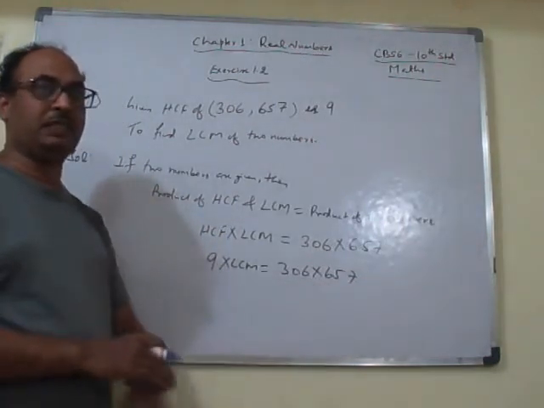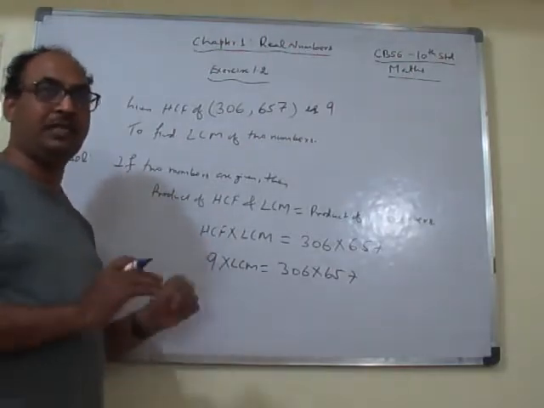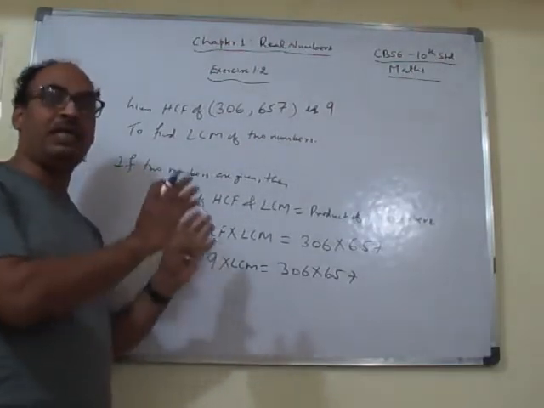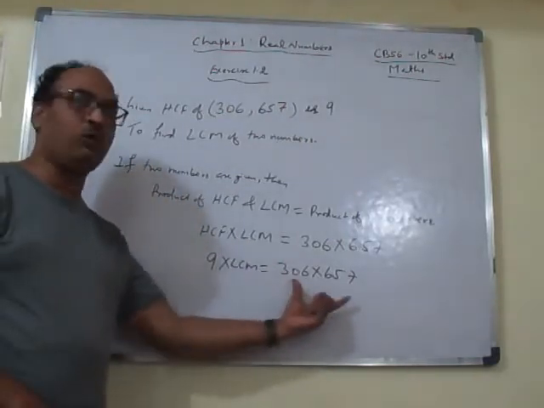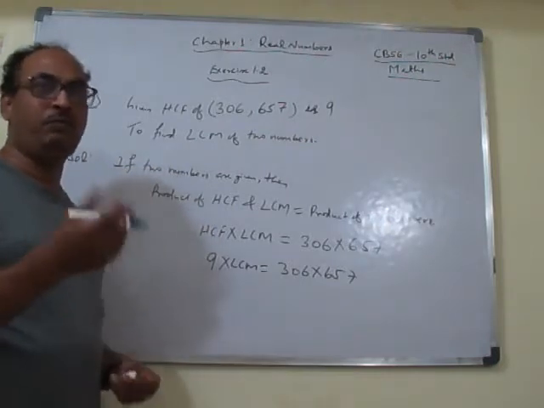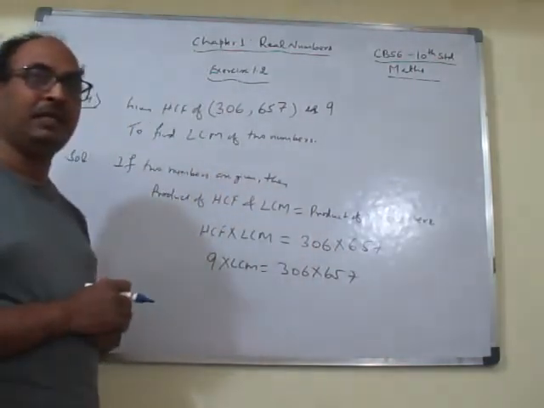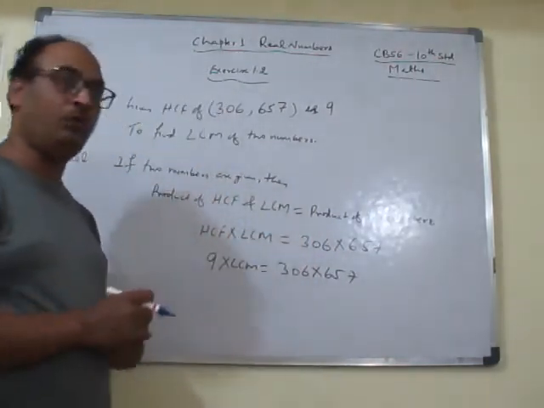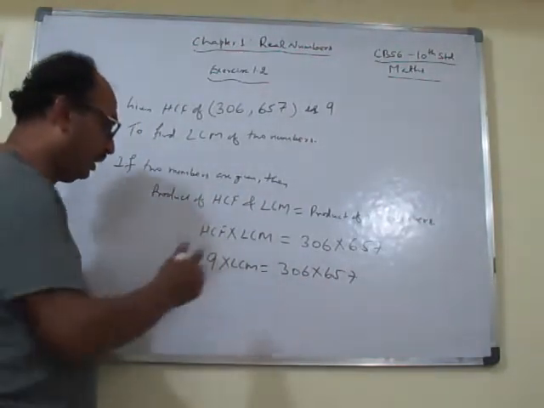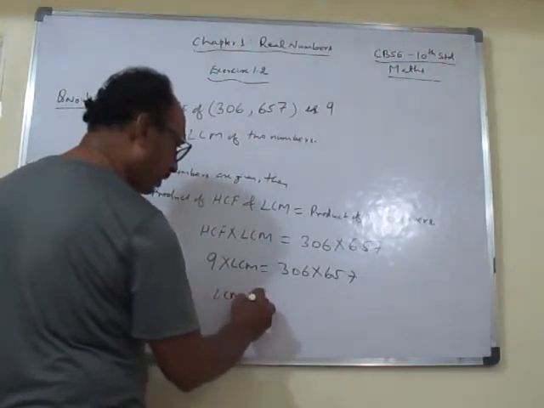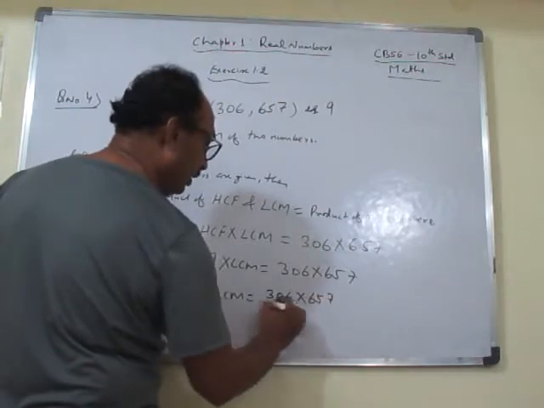First cancel all the like terms, and only then go for the final multiplication. Before that, do not go for any multiplication, which will make the process complex. If I multiply separately and then divide again, it becomes complicated, so everything should be done at the last. LCM we can very well write as 306 into 657 divided by 9.